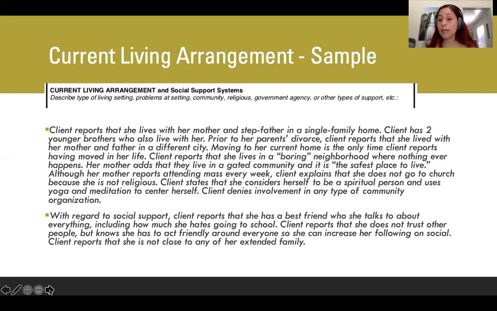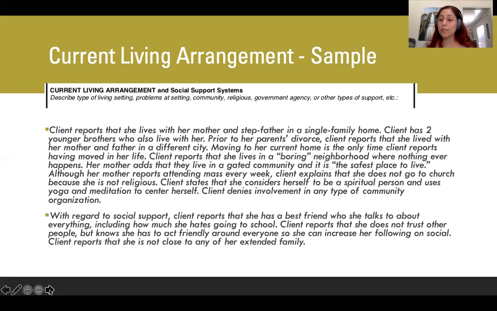Definitely something I might utilize in my coping skills building if that's something I was doing, or a relaxation strategy for my interventions, right? At the very minimum, if you're a yoga and meditation person, you just found something to join with your client over, okay? And then I have in the second paragraph some info about social support, has a best friend, doesn't trust other people, but has to act friendly around everyone else.